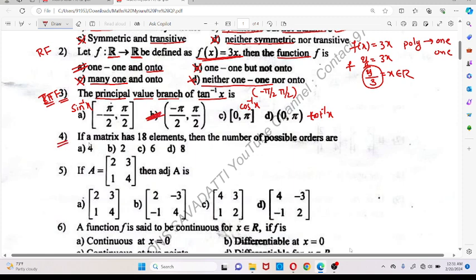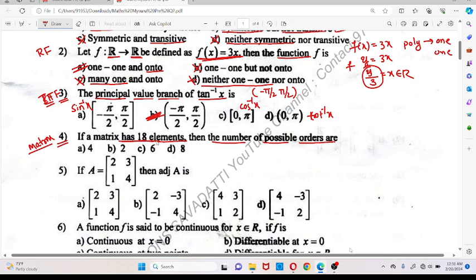We'll go with the fourth one, from the chapter matrix. If a matrix has 18 elements, then the number of possible orders is asked. Most of the time this is repeated.